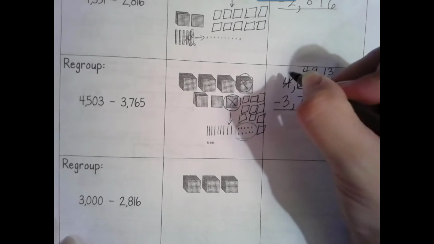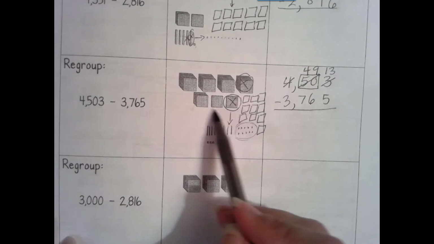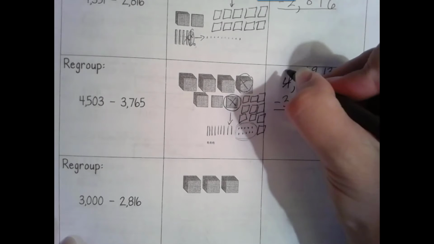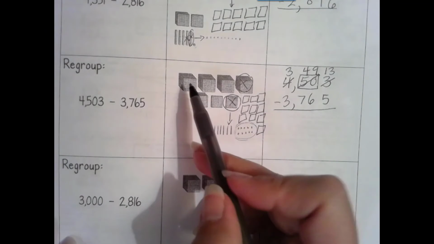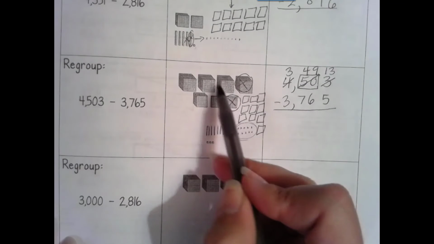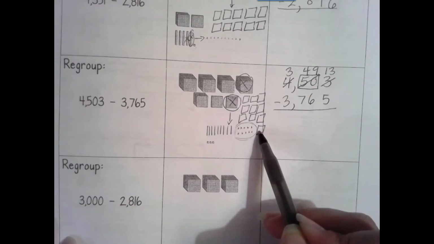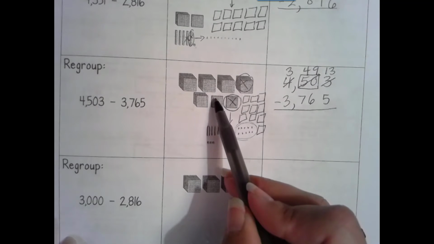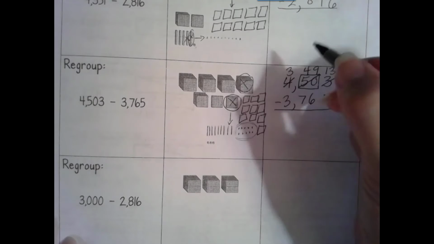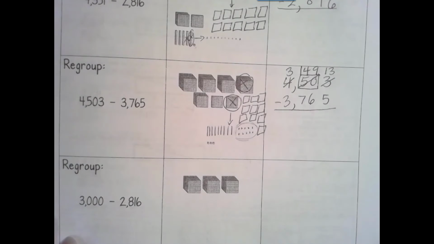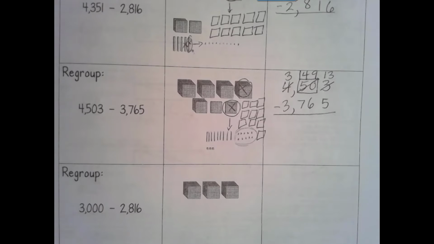Because I don't have enough to take away 7. I only had 3. So I have 1, 2, 3,000 still all together. I have 1 broken up into 10 hundreds, so 10 plus the 4 I have here is 14. And my regrouping's done. I'm ready to subtract.